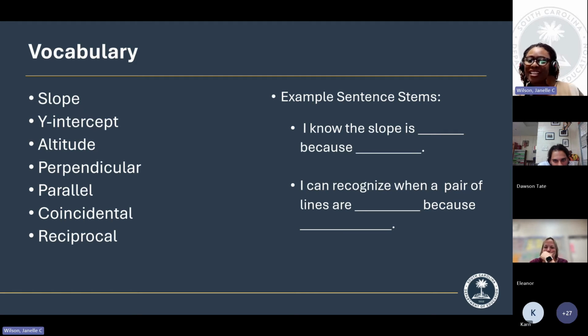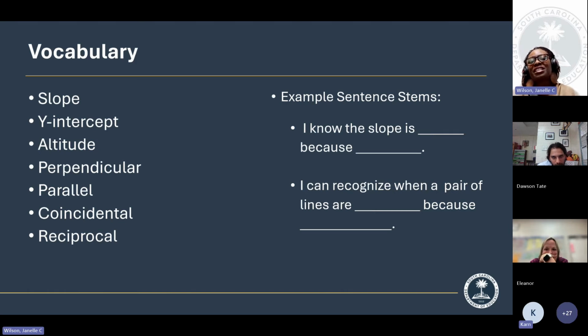Oh, here we go. Very good. I know the slope is positive because the line goes uphill. Great. The slope is positive because the line is increasing. The slope is positive because it's going up. Excellent. And these are all responses that we can expect to hear from students.